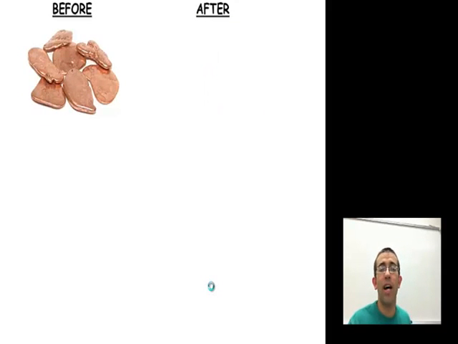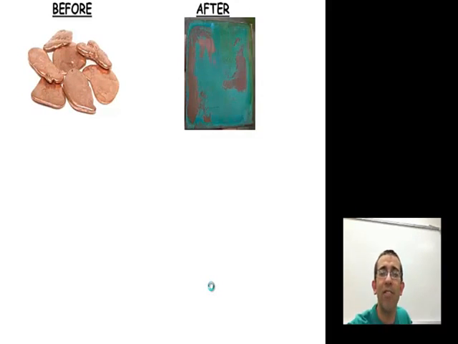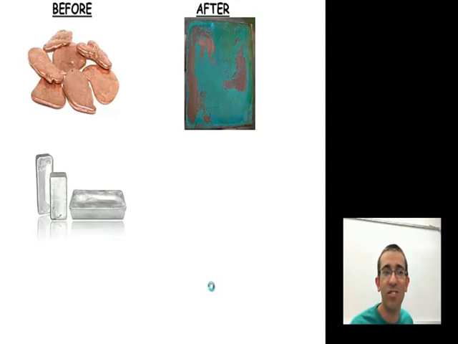Alright, so let's look at some. We have copper before and after. This is what happens when copper gets oxygen to it. It turns green. And if you did not know this, the Statue of Liberty is green. Why is it green? Well, the Statue of Liberty is made of copper, and it's actually reacted to form copper oxide that is green in color.